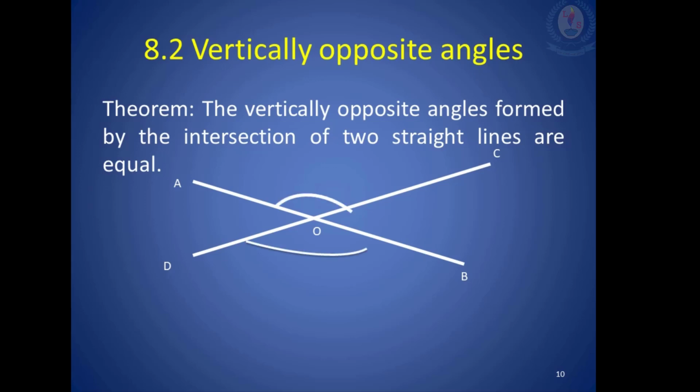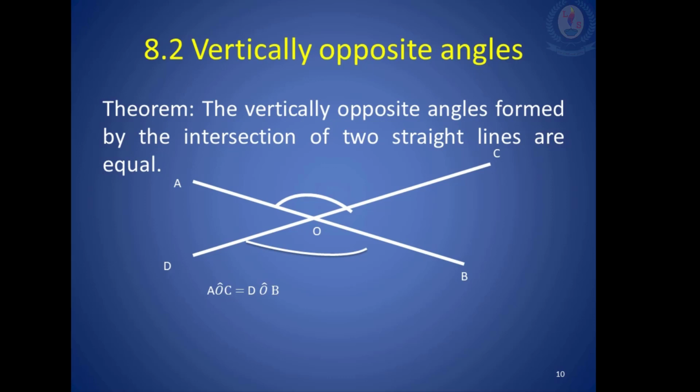Furthermore, they are on opposite sides of O. The pair of angles, angle AOC and angle DOB, are known as a pair of vertically opposite angles. So we can write angle AOC is equal to angle DOB.